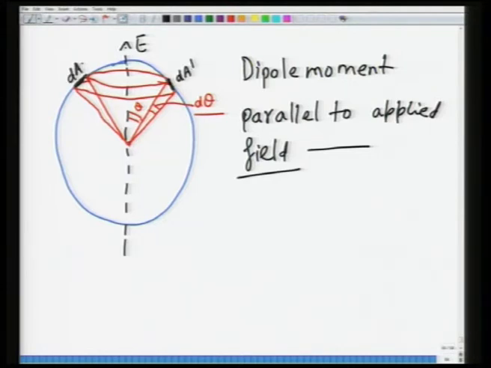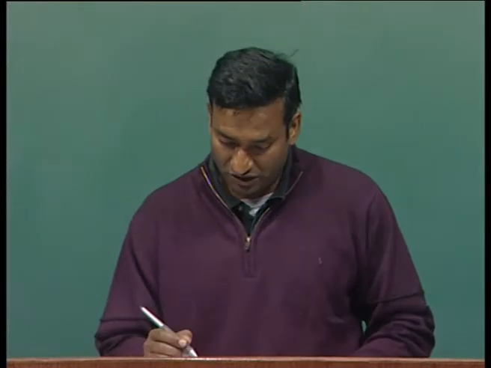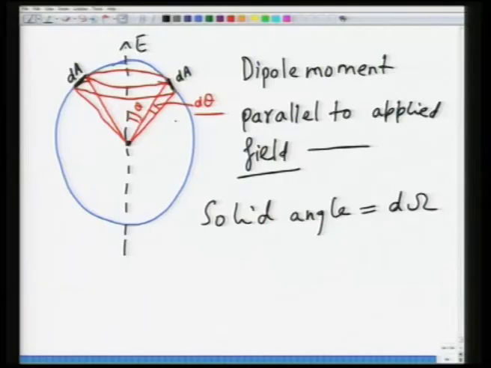This dA will subtend a solid angle, d omega, within the segment theta to theta plus d theta. So this is up to theta, and then you have d theta. What we are interested in is the number of dipoles lying between theta and theta plus d theta. So what is this number of dipoles?